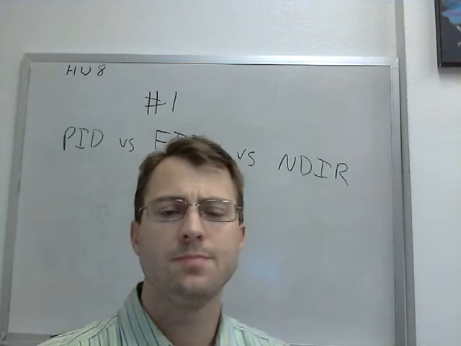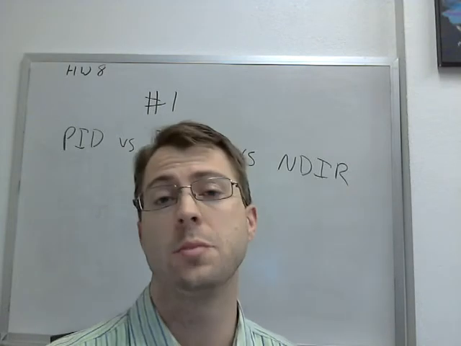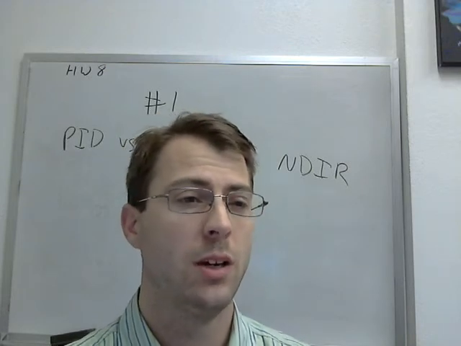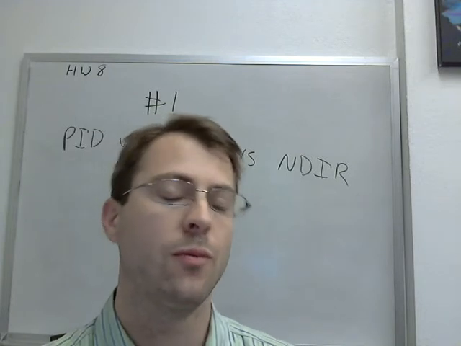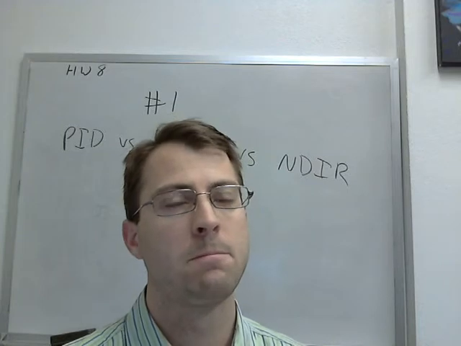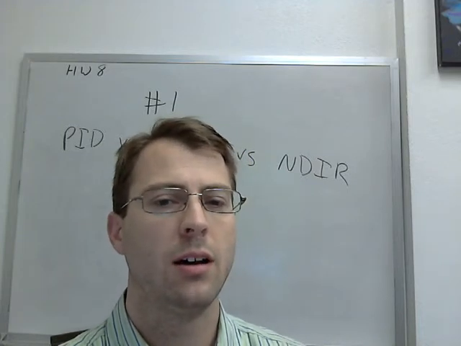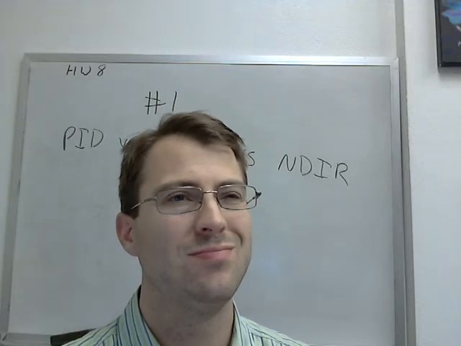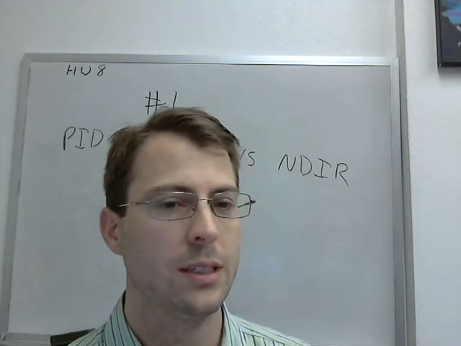So NDIR is neat in that it's fairly low cost, it's got a lot of stability, it's low energy consumption, but it tends to be sort of molecule specific. It's chemical class specific or functional group specific is the better way to say it. And it has its limitations, in that it's pseudo-selective, but not selective enough that you can really identify what that chemical is.